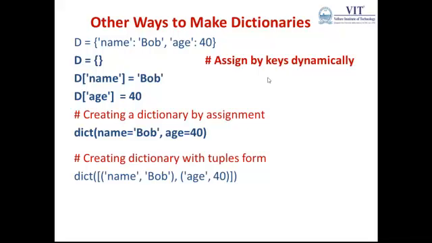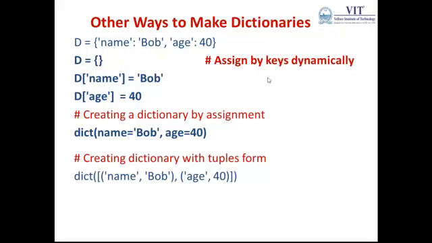Now we'll see the other different ways to make a dictionary. Look at the first few statements. I have created a dictionary with key values. This is the normal way. Another way is the second statement, which I have bolded.